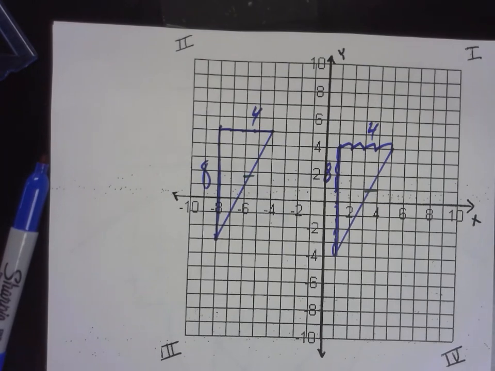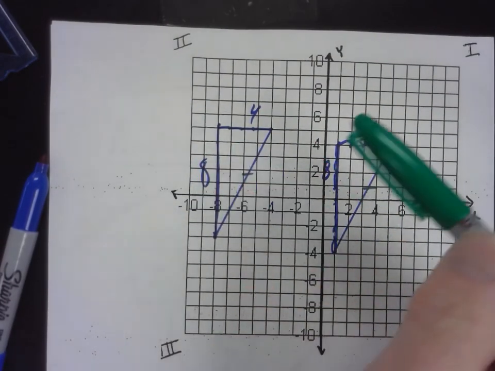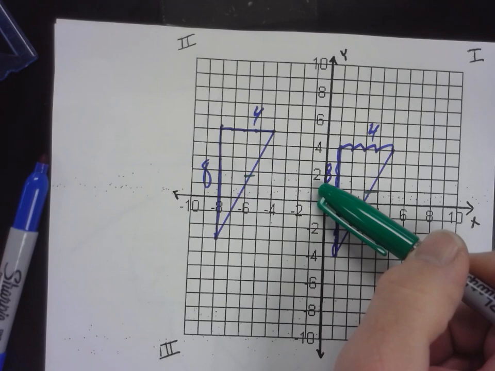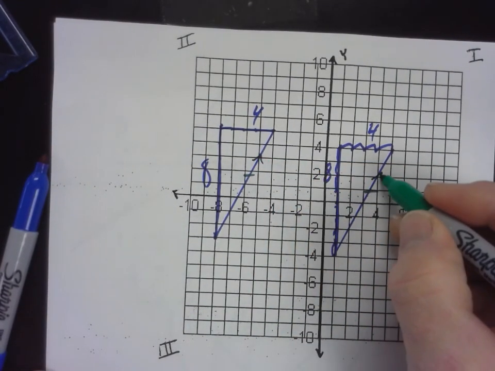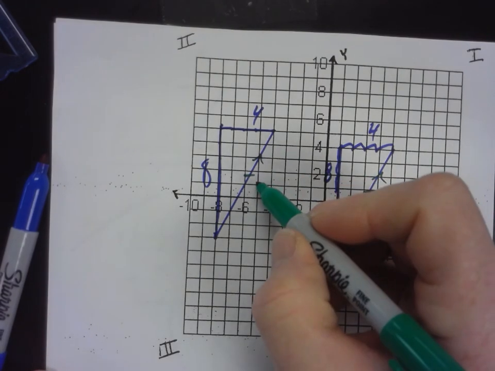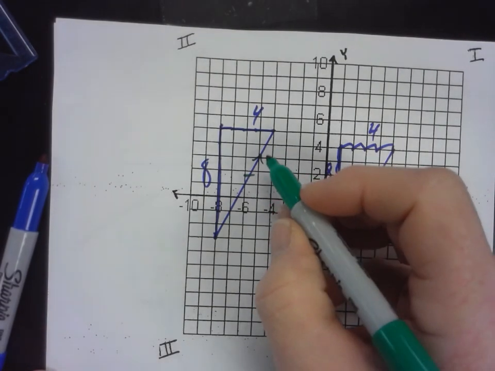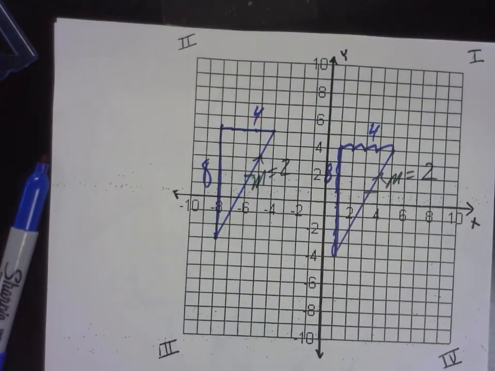We don't need to know exactly how long they are to know that they're congruent, right? When we use the Pythagorean theorem, 4 squared plus 8 squared is going to equal 4 squared plus 8 squared, isn't it? Plus, we can see that they're parallel, aren't they? Do they have the same slope? What are their slopes? Is it 2 or a half? It's 2. There you go. So 8 over 4, so 2.